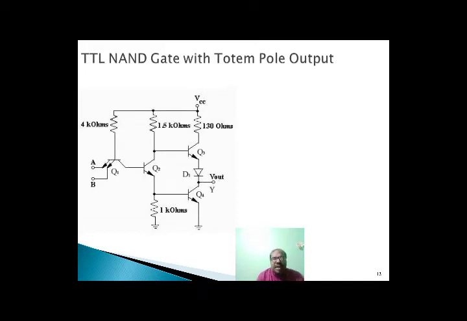Here by viewing this diagram we noticed that there exist 4 transistors, Q1, Q2, Q3 and Q4, and 4 resistors, R1, R2, R3 and R4, and 2 grounds and 1 collector voltage and 1 output, and inputs are input A and input B directly connected to the emitter junction of the transistor Q1, and one diode D1 is connected in between the emitter of Q3 and the collector of Q4. Okay, it is the TTL NAND gate with totem pole output.